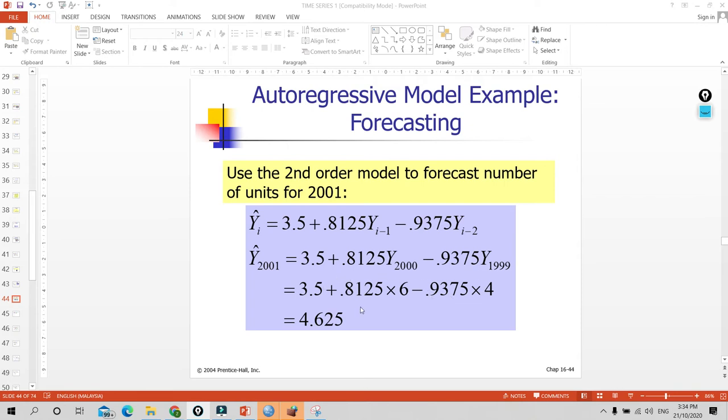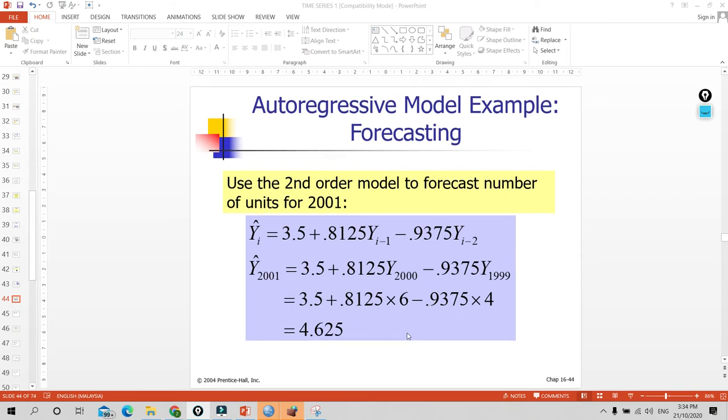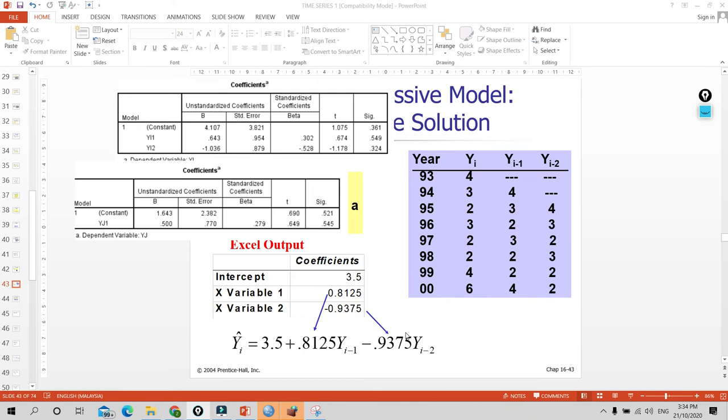Now let's say I have my second order autoregression model from just now.